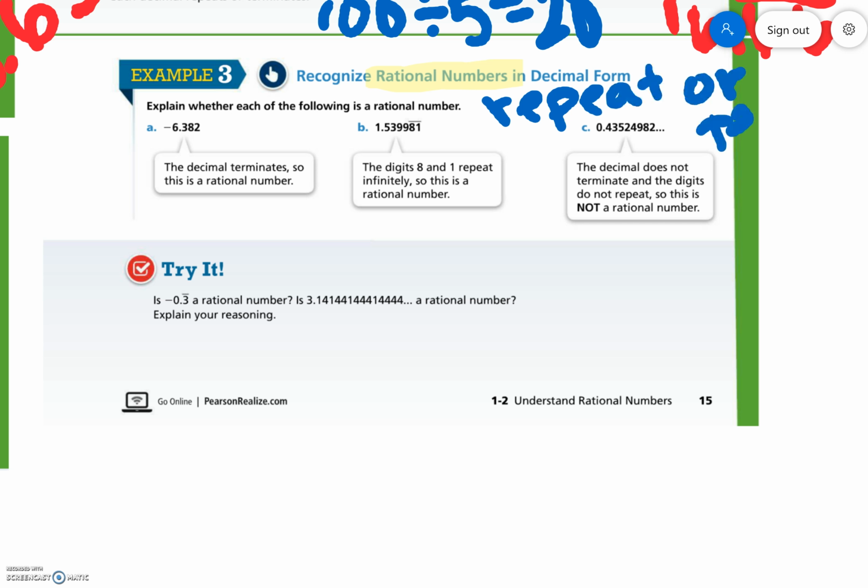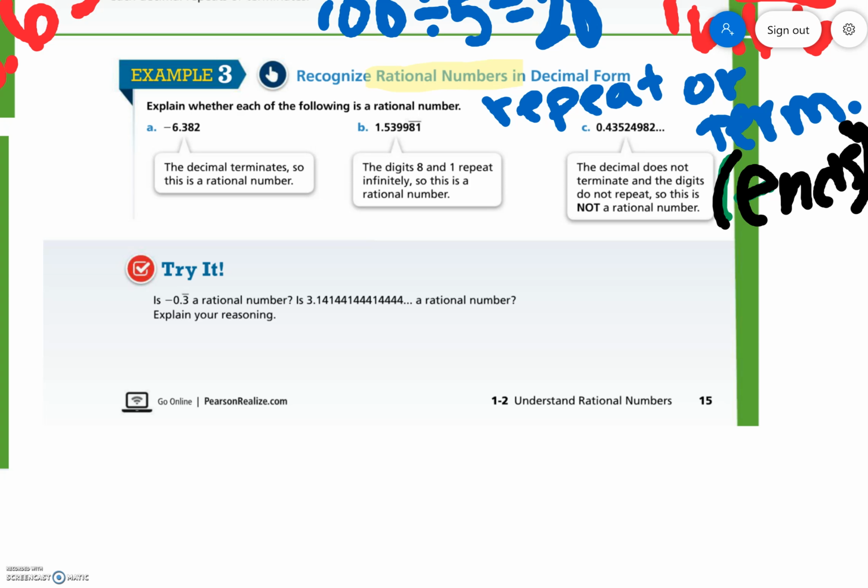And again, terminate means that it ends. So I'm going to put it ends. Can't use green, you can't see it. It ends.